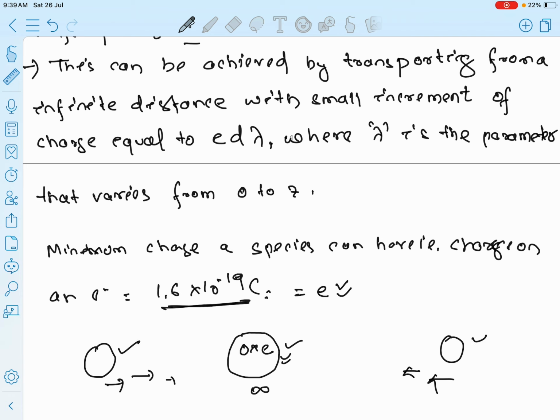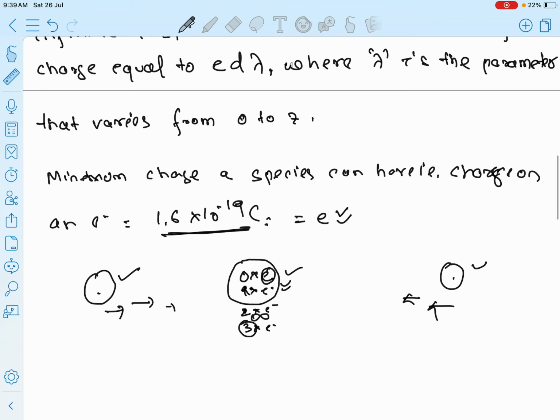Therefore, E remains the same, but a number is multiplying with E, and that number is nothing but the sum total of the charges of the ions which are approaching. Getting my point? That number is a variation number, and that variation is taken to be lambda.